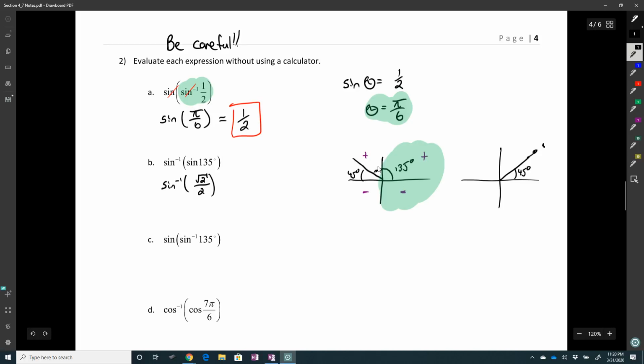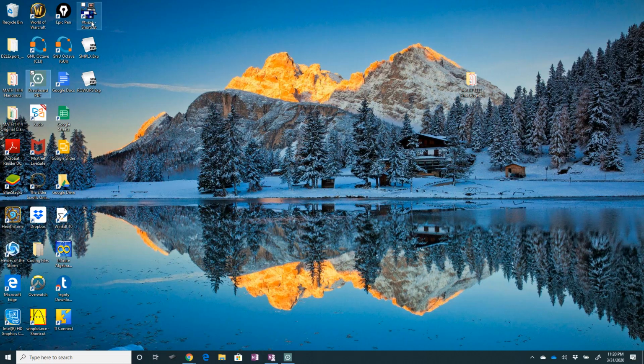Because that gives me the square root of 2 over 2 answer that I'm looking for, and it's within the range of inverse sine. So the answer to this is 45 degrees. So notice sine inverse of sine of 135 isn't 135, it's just 45.